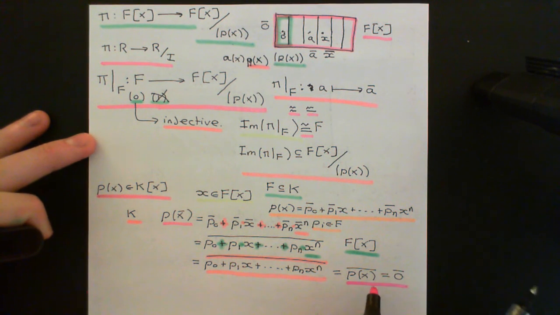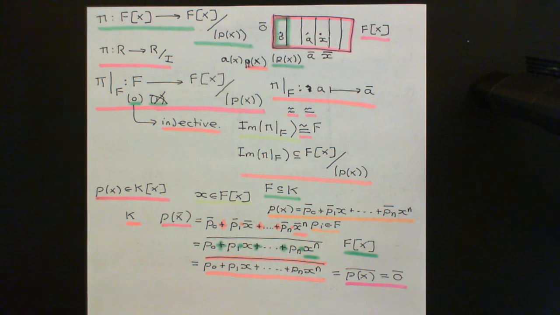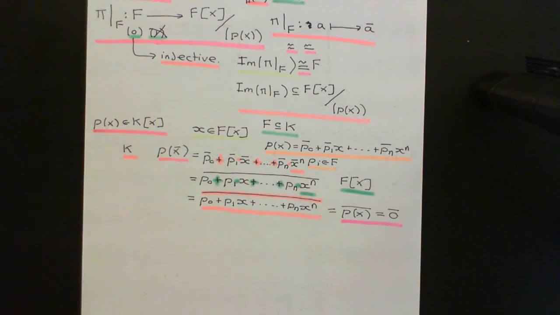There is now your proof that this element, the coset that contains the monomial x, is the element in your larger field capital K which is the root to our old polynomial p of x. So I have now shown you my claim. If you have a field capital F and you have some irreducible polynomial p of x in the ring of polynomials over the field, let's say it's degree 2 or greater, because we're not really interested in adjoining a root to a degree 1 polynomial, because that's already got a root.